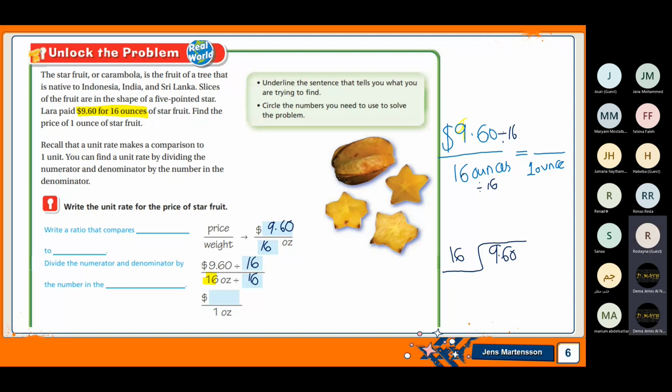9 is smaller than 16, so I put 0 and a decimal point up. Bravo. I will bring down 96. We multiply a number by 16 to bring a number the same or smaller.